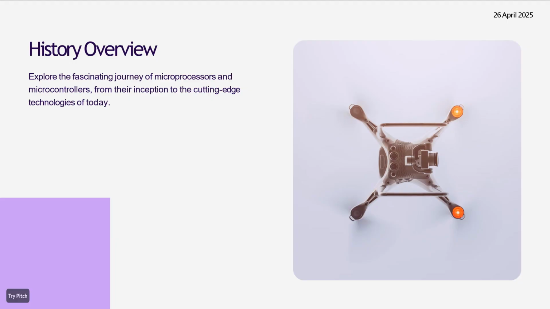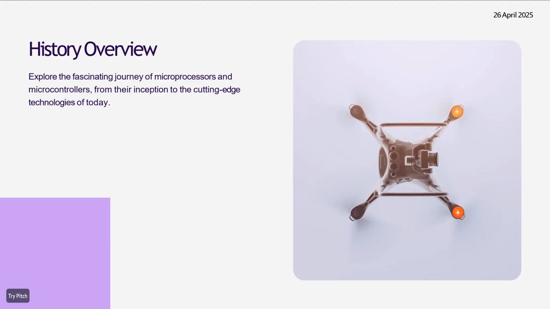Microprocessor in 1970 and microcontroller in 1974, where Texas Instruments developed the TMS 1000, the first microcontroller. It had ROM, RAM and input-output in one chip. And in microprocessor, which was established in 1970, Intel introduced the Intel 4004, the first commercial microprocessor. It's a 4-bit chip designed for calculators.